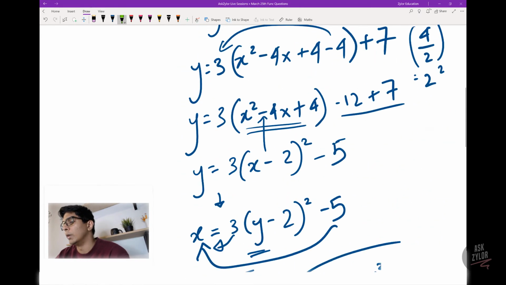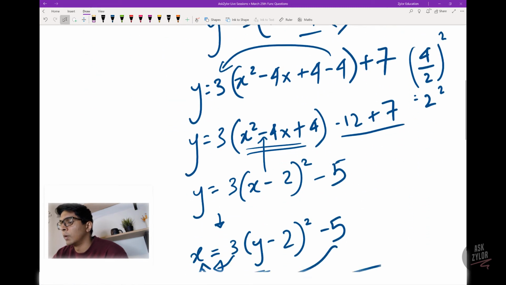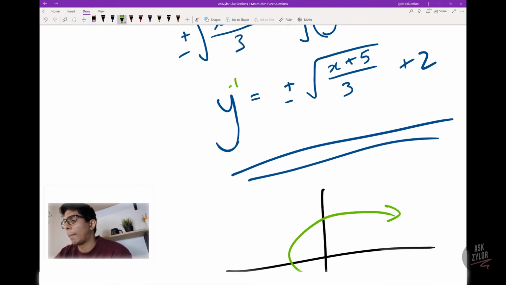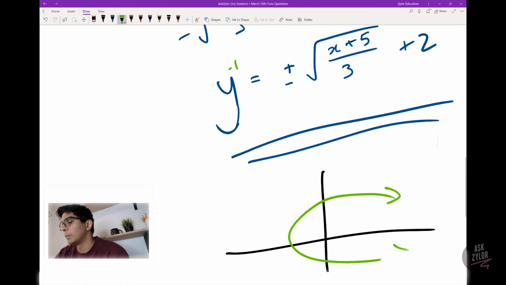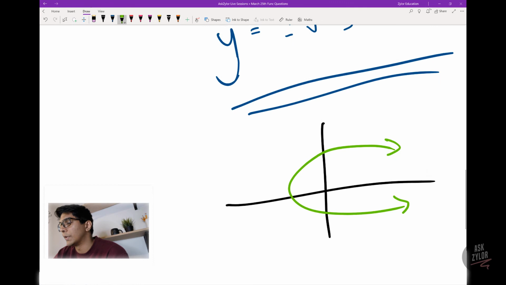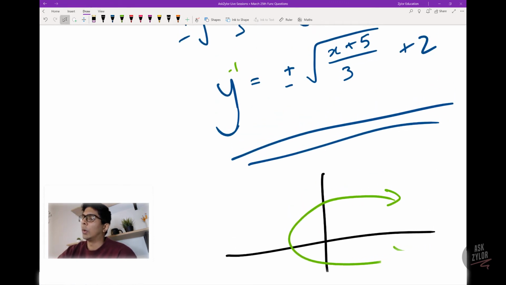So the question we're doing right now is saying find the inverse of a quadratic function and state any restrictions required. We went through, found the vertex form, interchanged the x and y's, and then we found the inverse of the quadratic. But we have to state some restrictions so that my inverse is going to be a function. So I can basically pick one of these signs, either positive or negative.